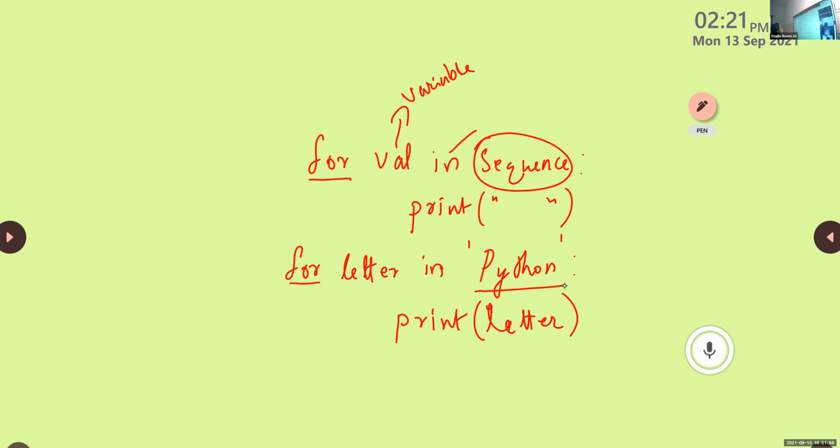Okay. So for letter in Python, that is for is the keyword. After that, I'm using a variable name letter. Then I'm using a keyword in, then within single quotes Python.